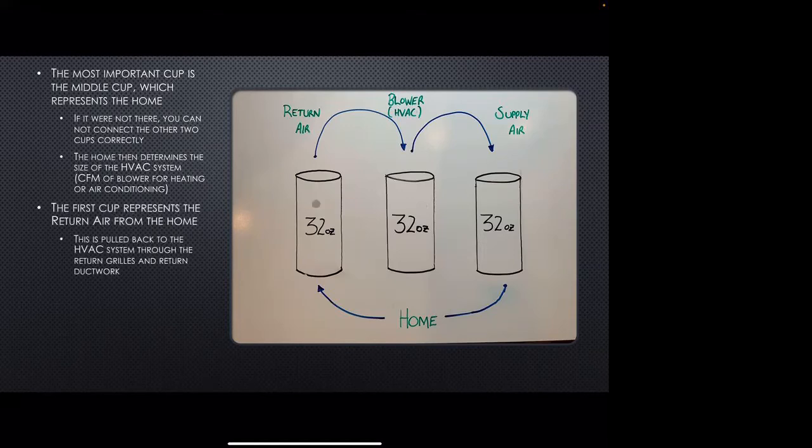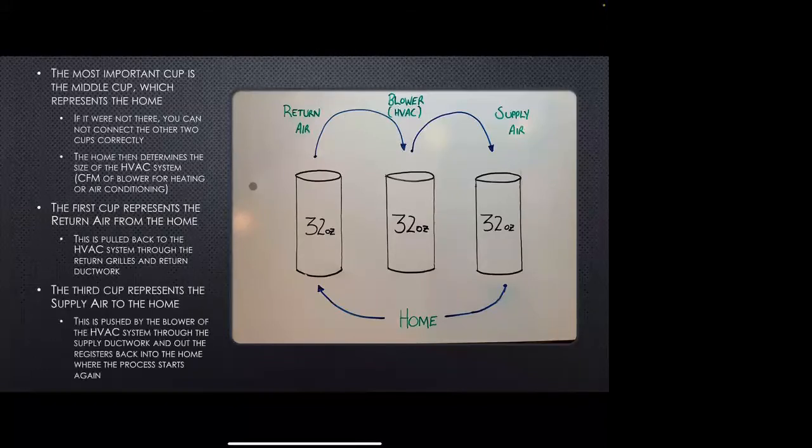The first cup here represents the return air, or the return air ductwork from the home. This is pulled back through the HVAC system by that blower, that motor, that PSC, or that ECM, through the return grills and the return ductwork, again, back to the blower of the HVAC system. Once that gets to the system, it's either heated or conditioned.